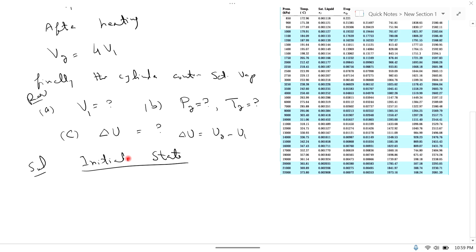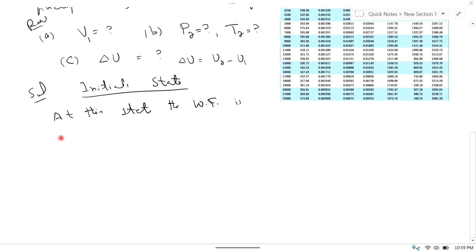At the initial state, the working fluid is saturated liquid. So V1 is equal to Vf and U1 is equal to Uf.